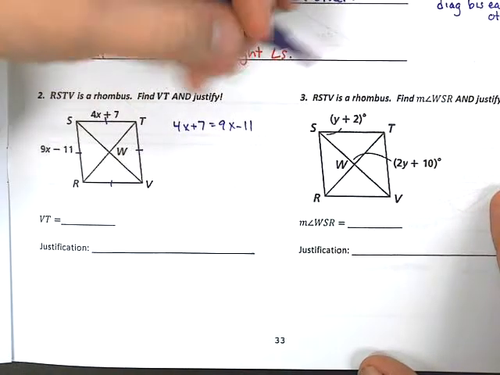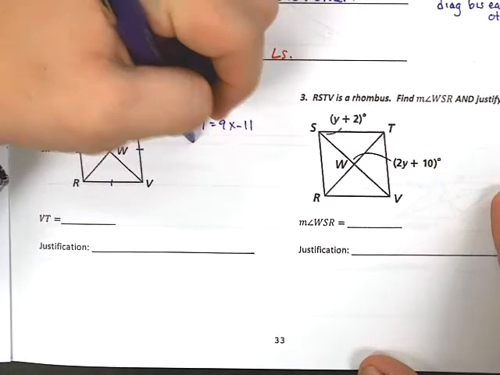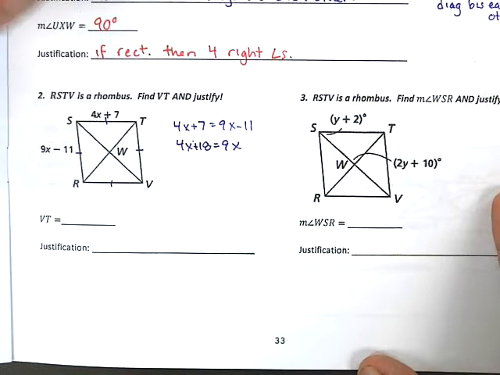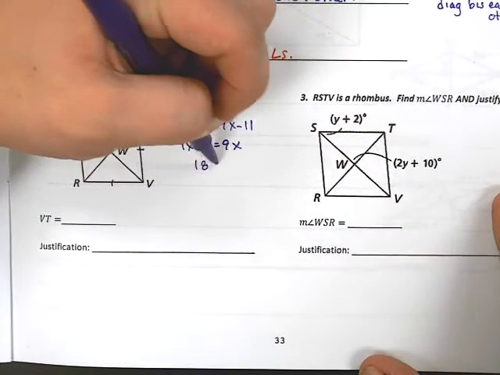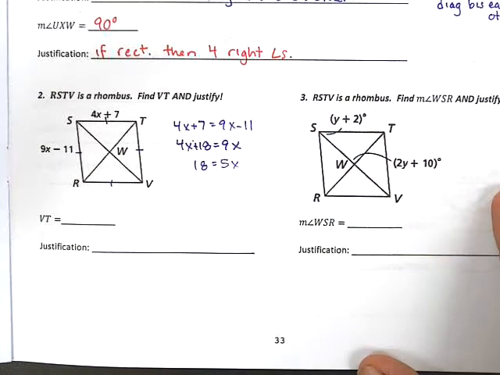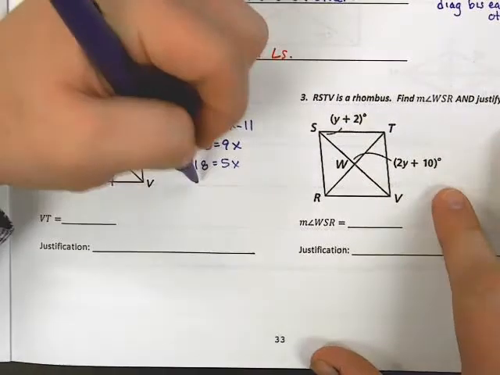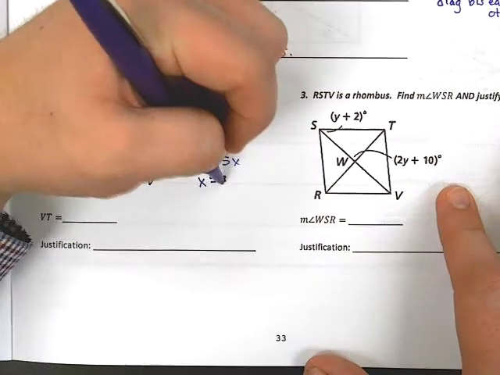How do we want to solve this? Oh, this isn't going to be very nice, is it? I'll move this over so I have 4x plus 18 equals 9x, or 18 equals 5x. Yeesh. x equals, what is that, 3.6?